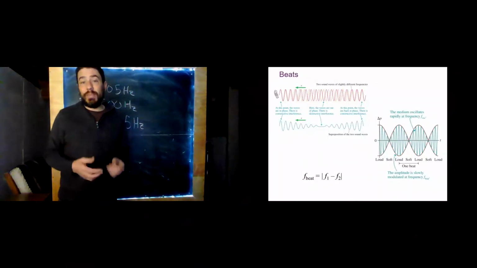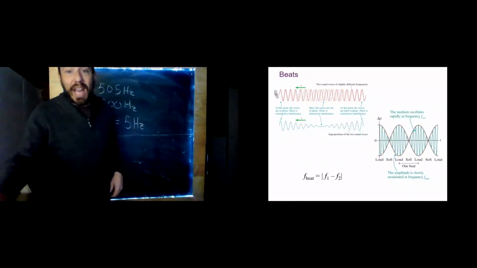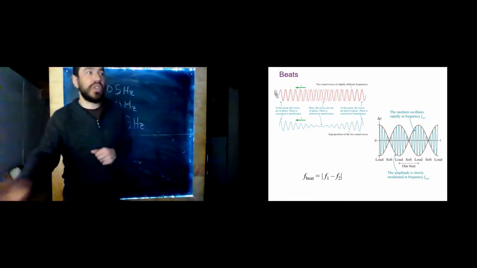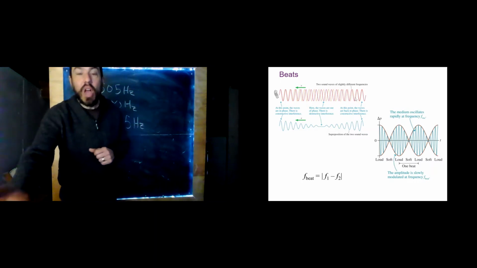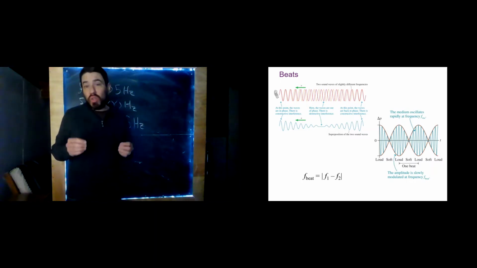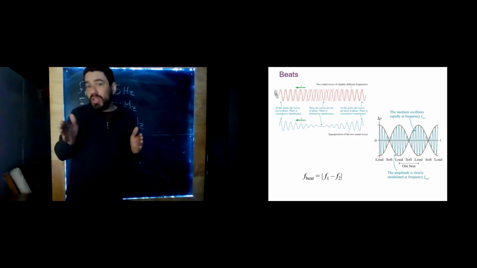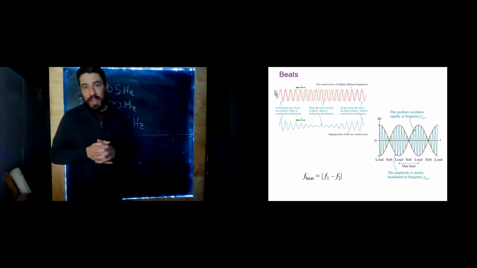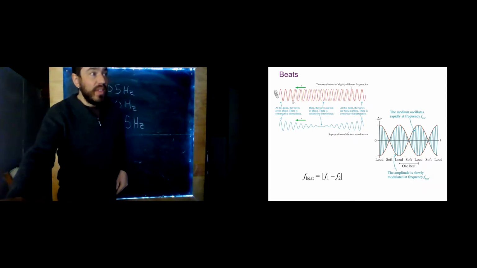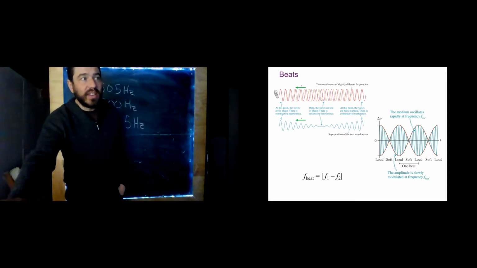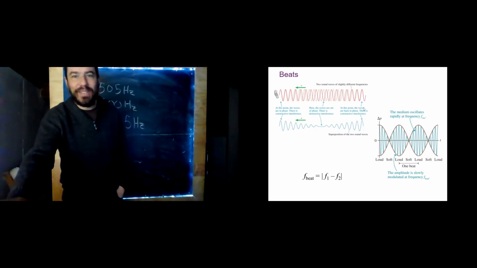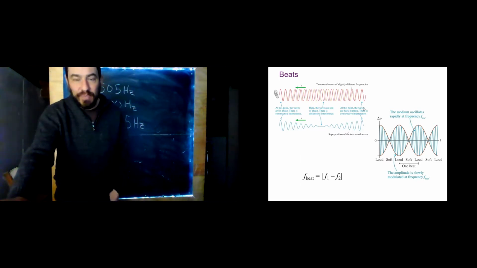To understand how this phenomenon works, let's look back at the PowerPoint. Here in this picture, with the red and the yellow waves overlapping, we see waves from two sources that have frequencies that are close to each other, but not exactly the same. And notice what happens. They go from in phase, a loud sound, to out of phase, a quiet sound, to back in phase, a loud sound again.